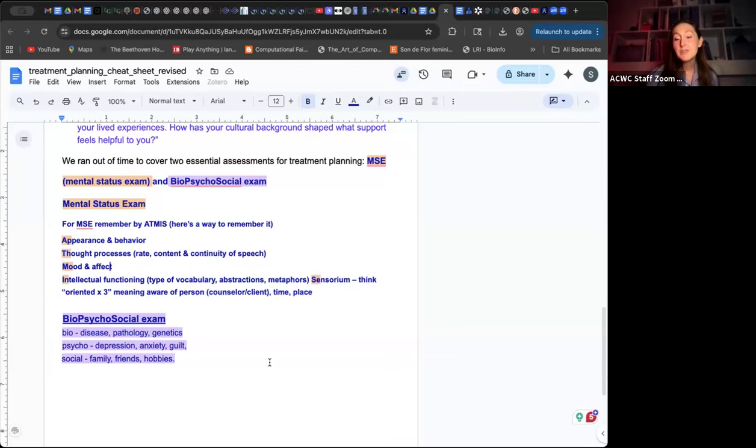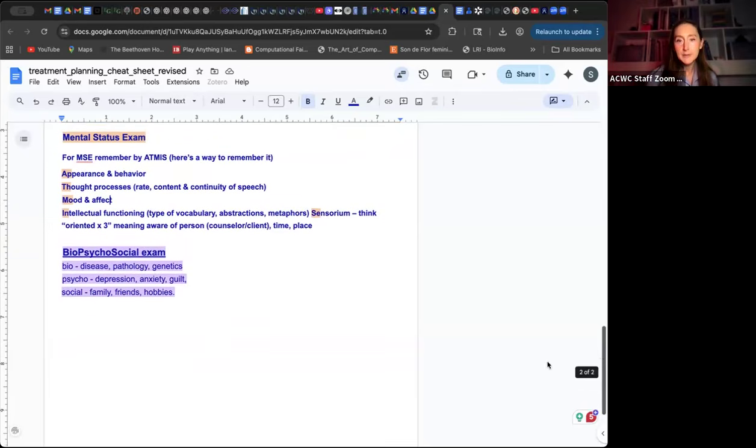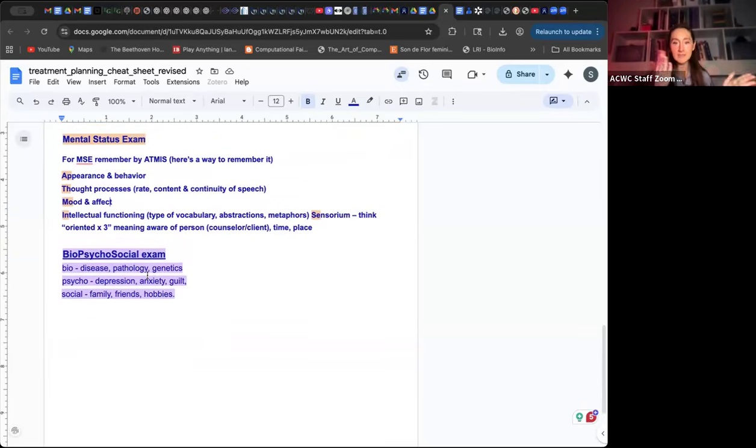But the biopsychosocial exam is exactly what it sounds like. The bio is more like the biology, the pathology of the disease, the genetics. The psycho, this one's a little bit more obvious, is whatever the disorder is, the anxiety or the depression, or things that aren't diagnosable, like guilt and shame, whatever is going on psychologically with that person.